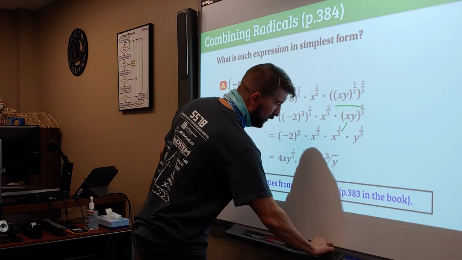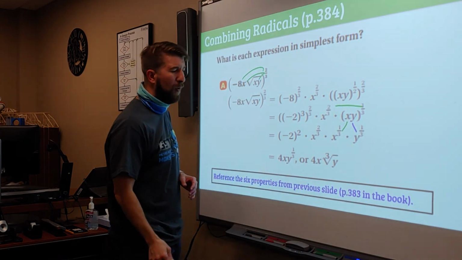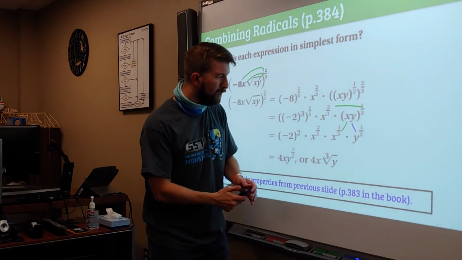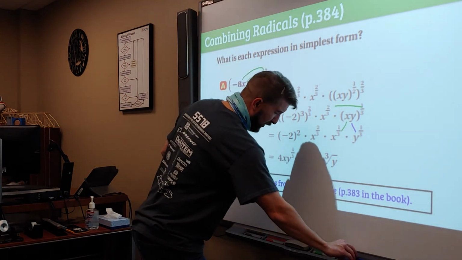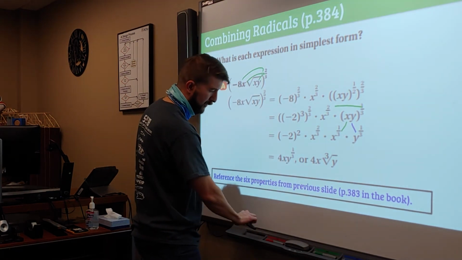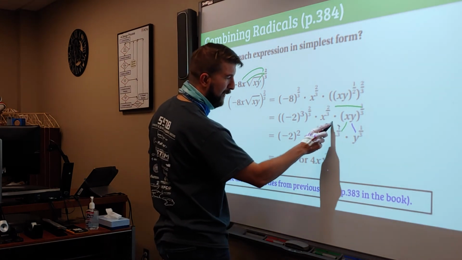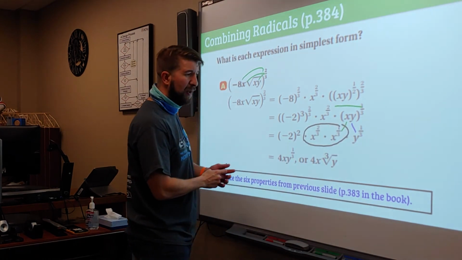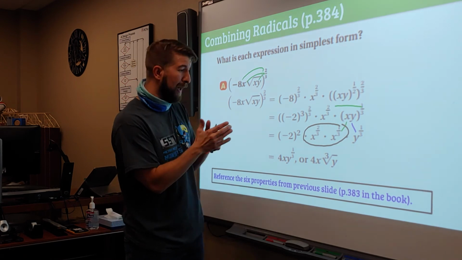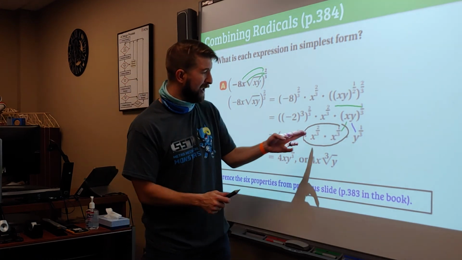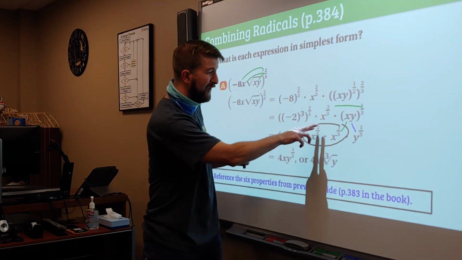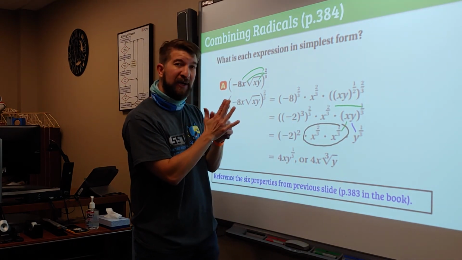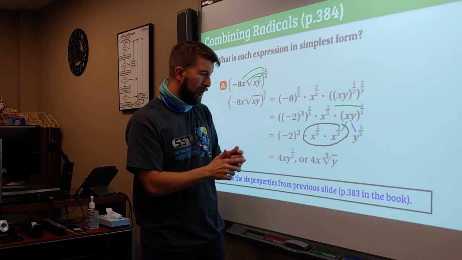The x's went this way, the y's went that way with the 1/3. These all simplified as far as they could, but notice we have two x terms. I'll use a black. Anytime you have two terms that match, you can combine like terms. And so x to the 2/3 times x to the 1/3, you add the exponents together, it becomes x to the 1, which would just be x.